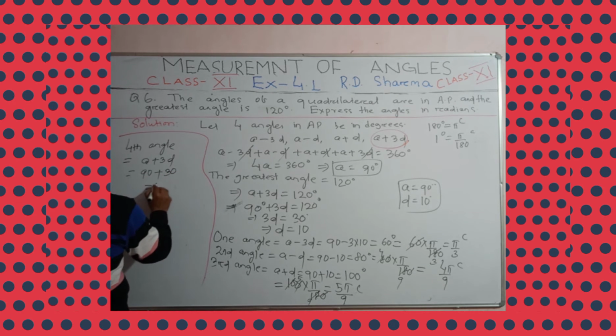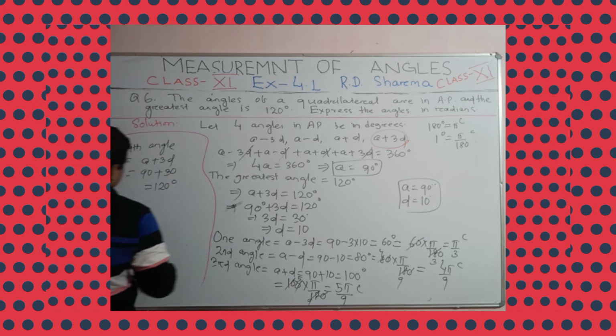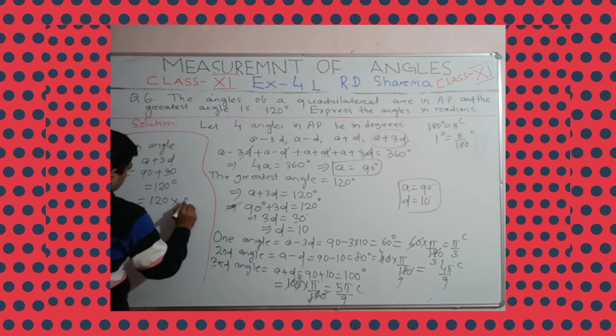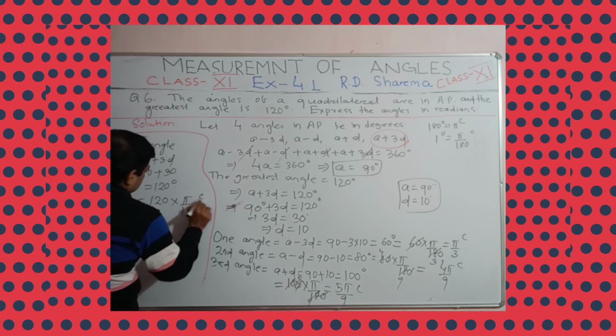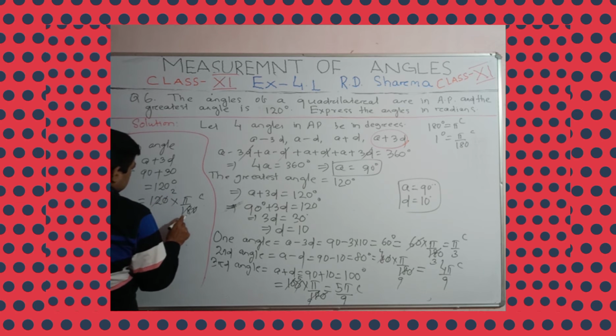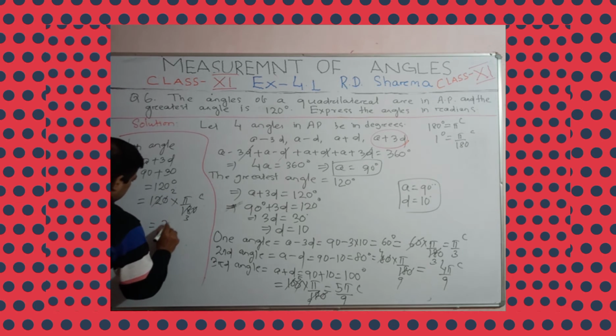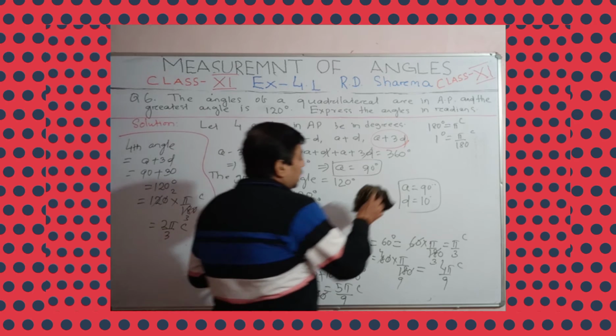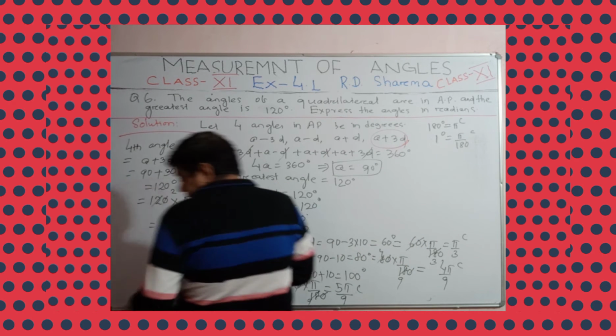It will be 120 degrees, which is the greatest angle, and this 120 degrees into pi upon 180 radians. The zeros cancel, 6 twos are 12, 6 threes are 18, which is 2 pi upon 3 radians. Hence we got the four angles of the quadrilateral in radians.